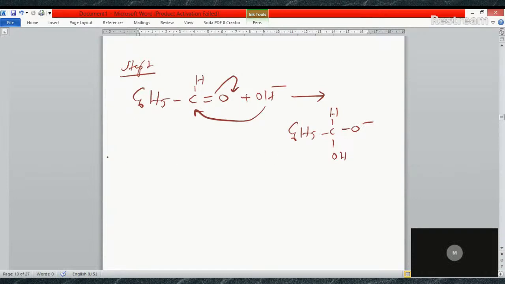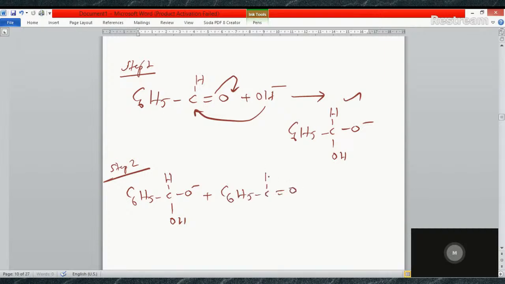The second step. For understanding that, rewrite this on the reactant side, C6H5CHO minus and OH. Now that should be treated with a second molecule of benzaldehyde, C6H5CHO.